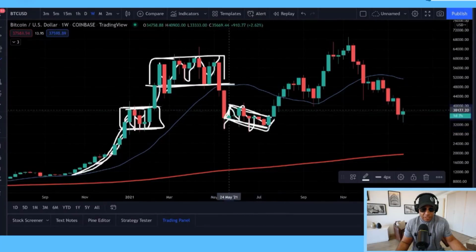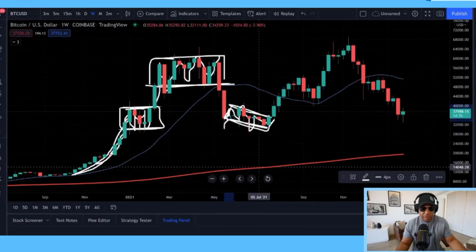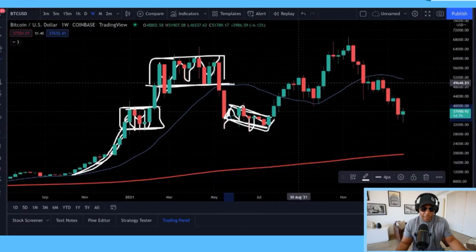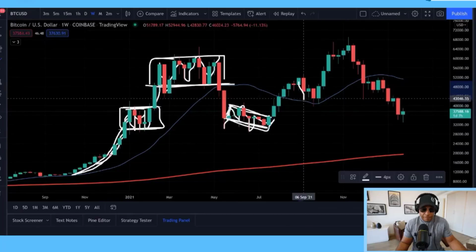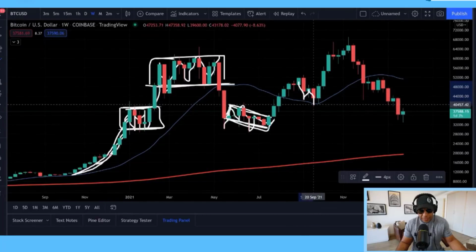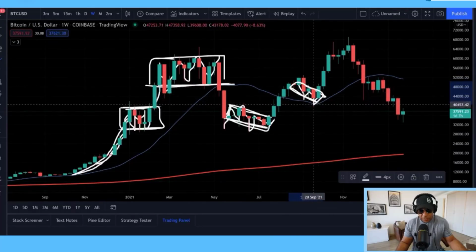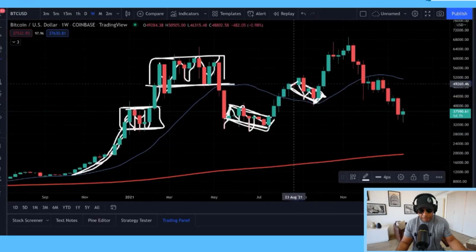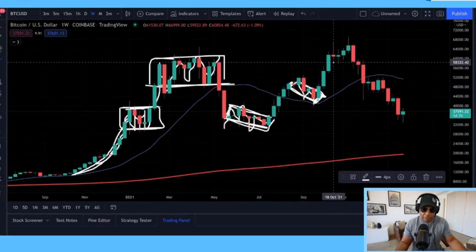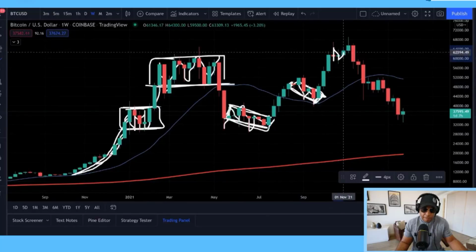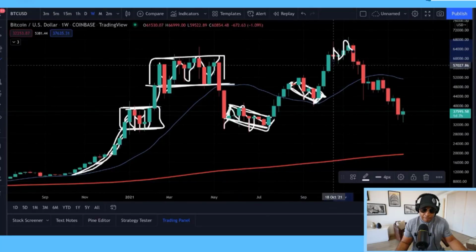This is congestion period number three. Now notice here, this is that slanted congestion period again. There's congestion four. Here's that upward congestion period.